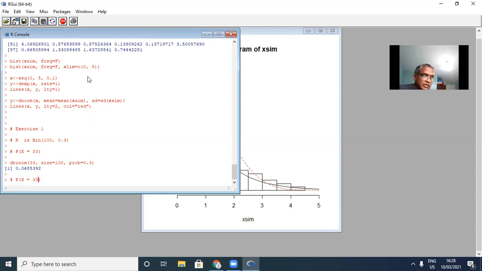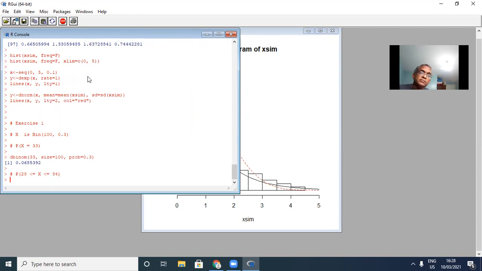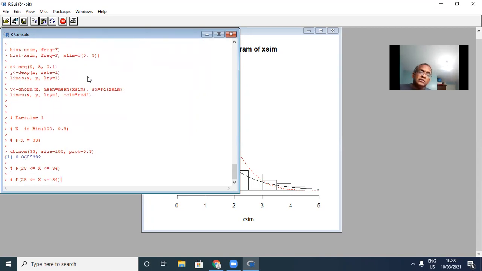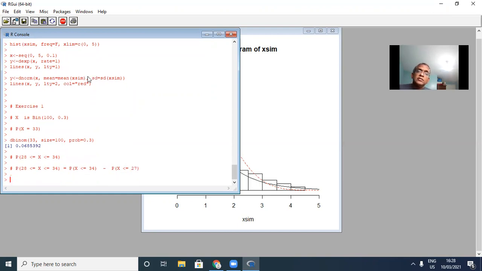The next thing is to find the probability that X is between 28 and 34. Now this you can write, as I said before, as the difference of two probabilities.